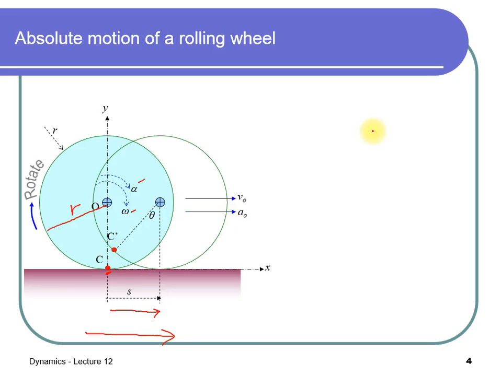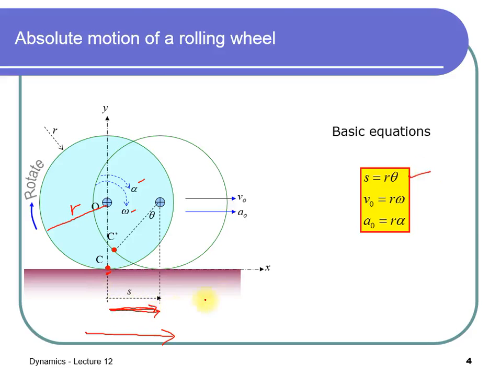So the basic equation that you should know is s equal to r theta. The distance traveled by the point C is s equal to r theta, and then the normal equations that you should know, v equal to r omega, and a equal to r alpha, right?